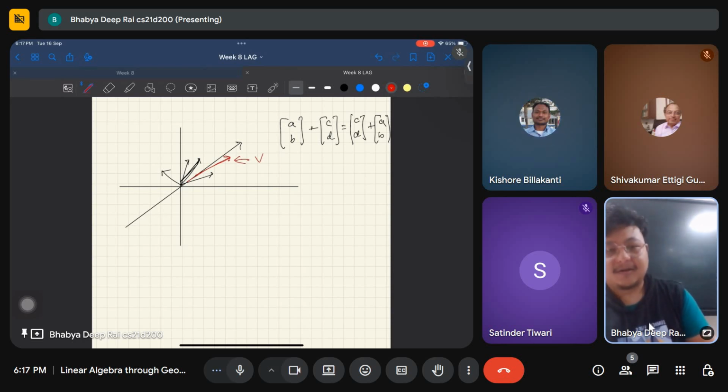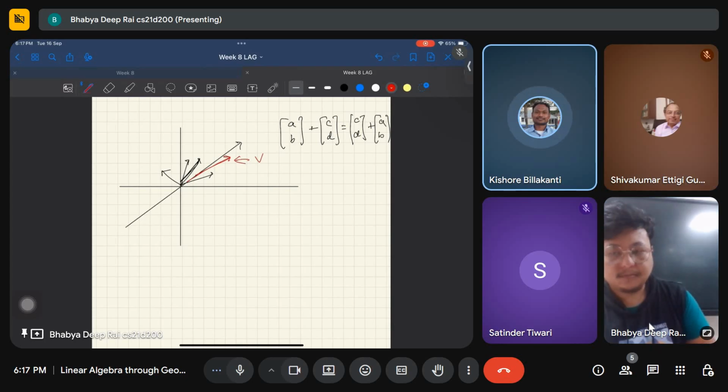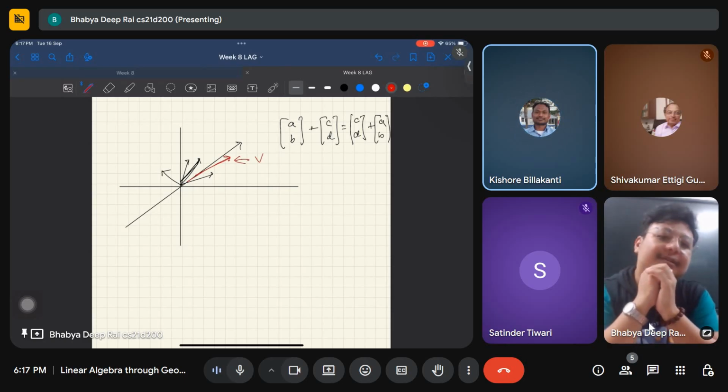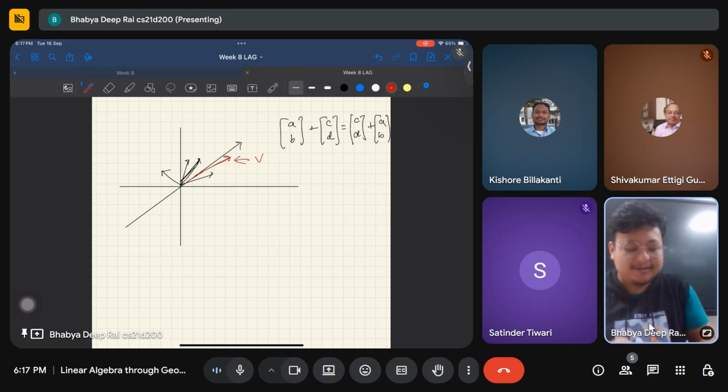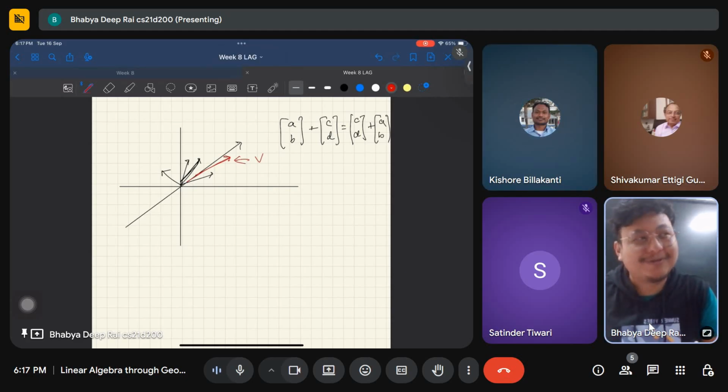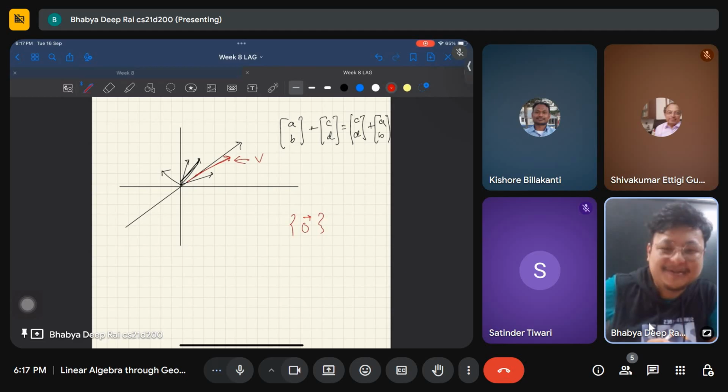It's not necessary to have more than two vectors. For example, this is a vector space. Not even more than one vector is necessary. For example, this is a trivial vector space. You only have the zero vector.